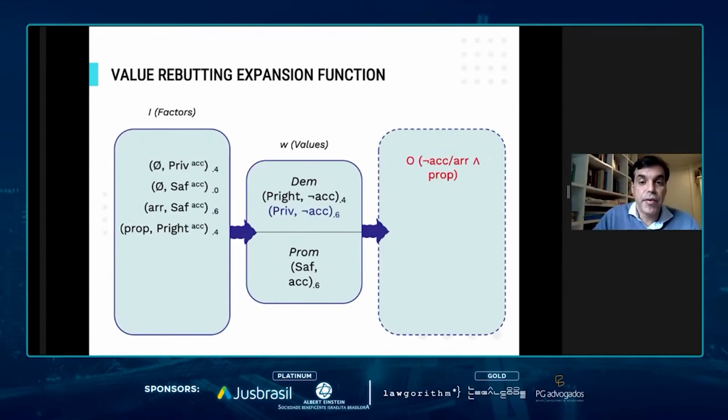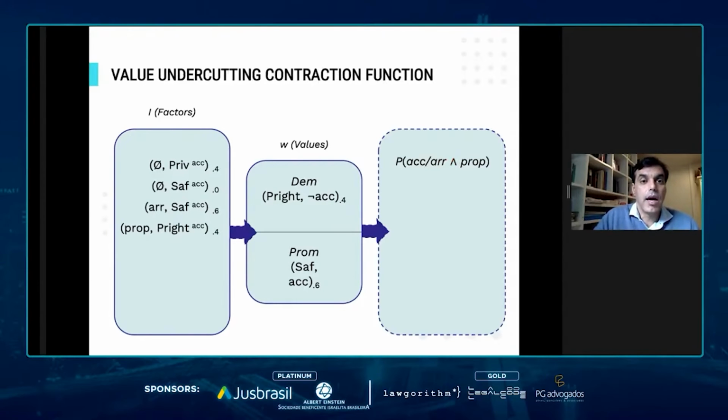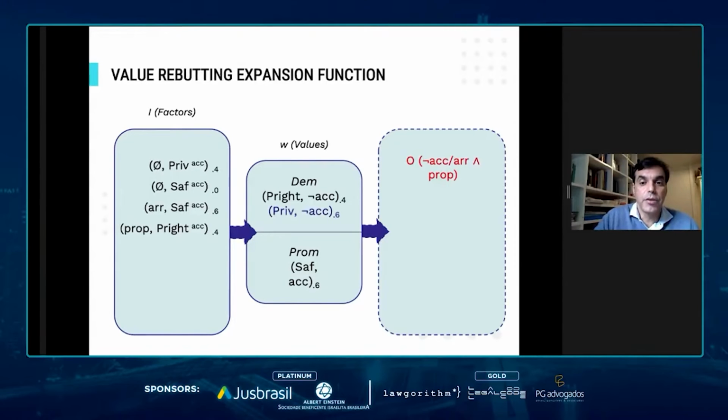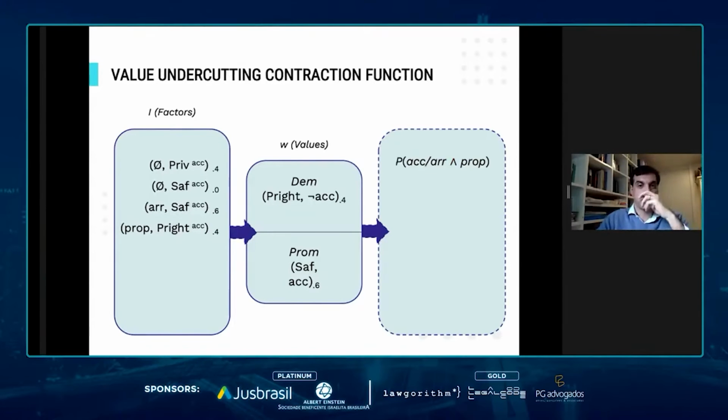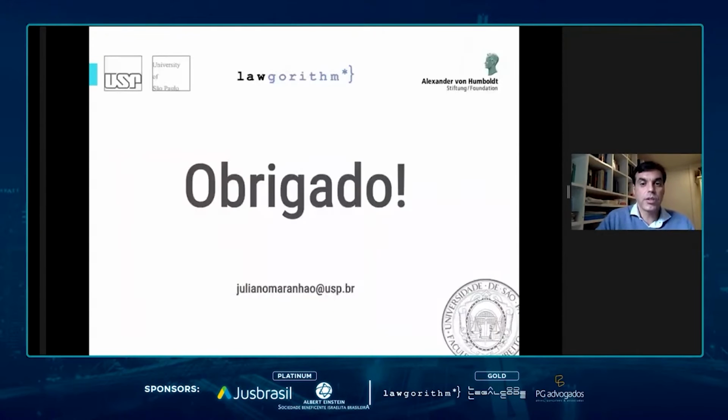But then if we add into consideration the value of privacy, and we know that there is a baseline impact on privacy, then this will shift the balance by expanding the set of demoted values, strengthening the opponent. This is a value rebutting expansion function. And you may have an undercutting contraction function when you delete the corresponding value. And so on and so forth.